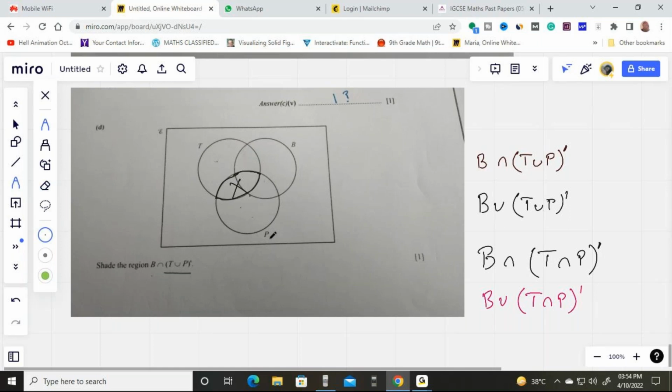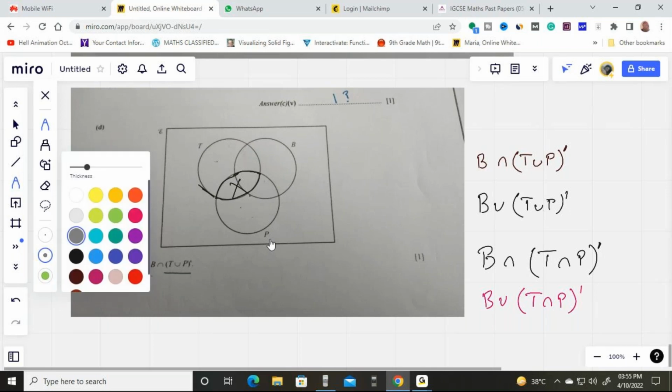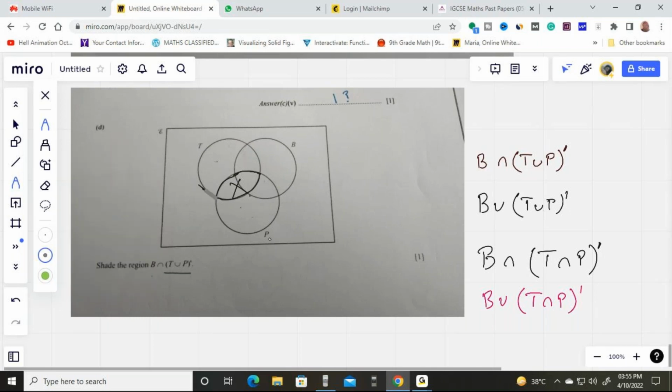It means the region outside is empty, so there is no need to shade it. Just shade the circles. You can shade it like this. Just leave your black petal unshaded and shade the remaining region fully.